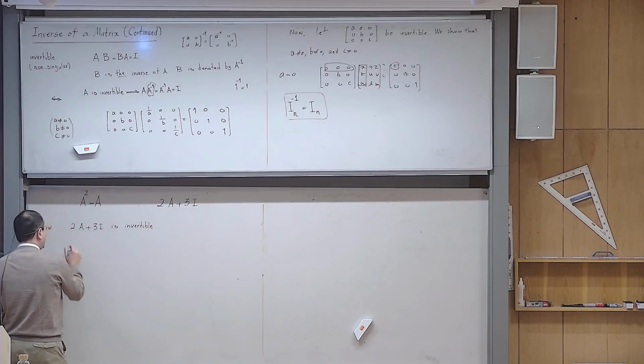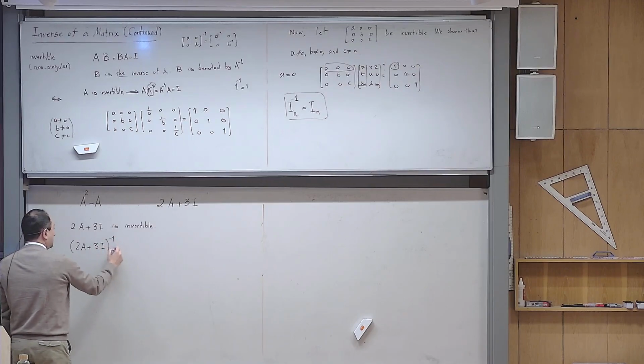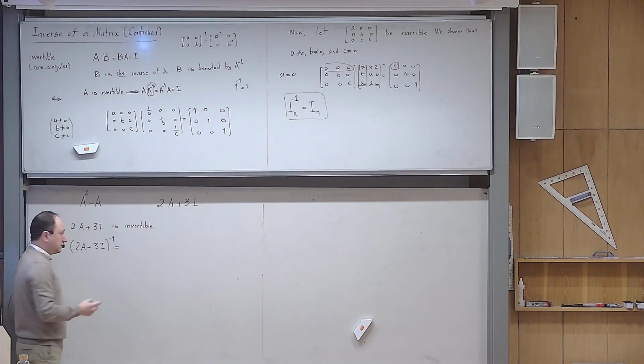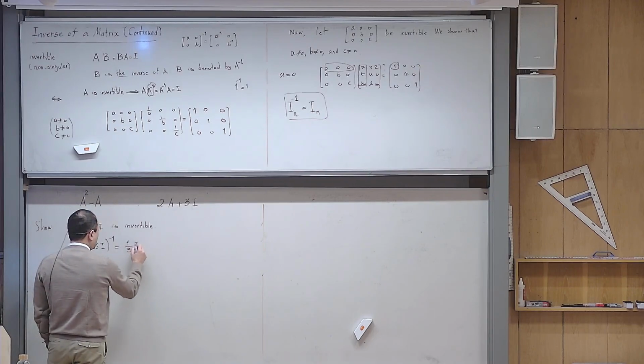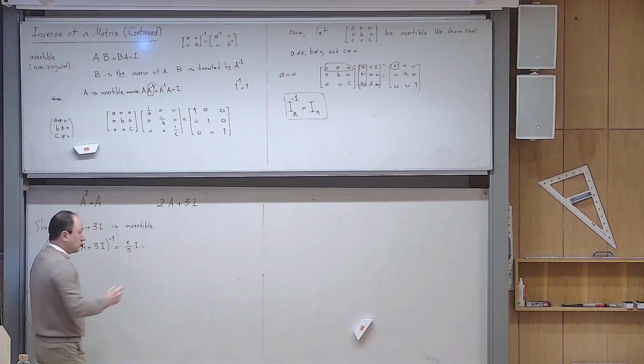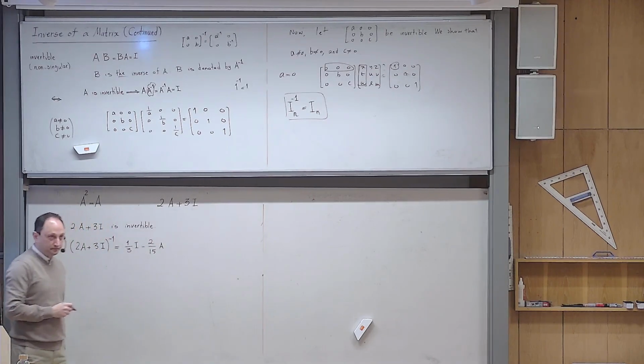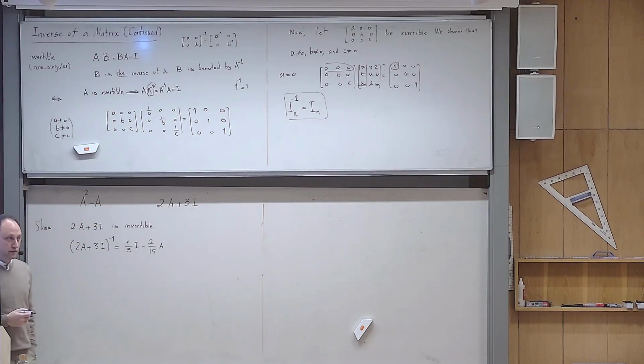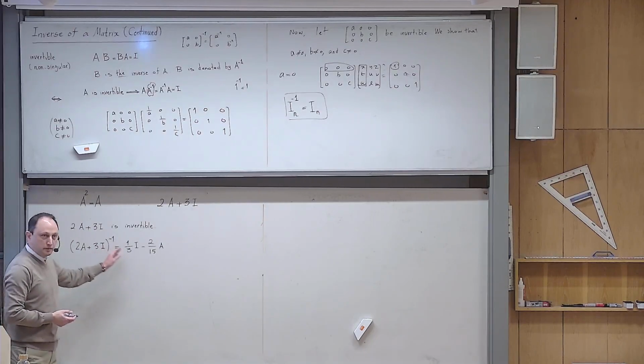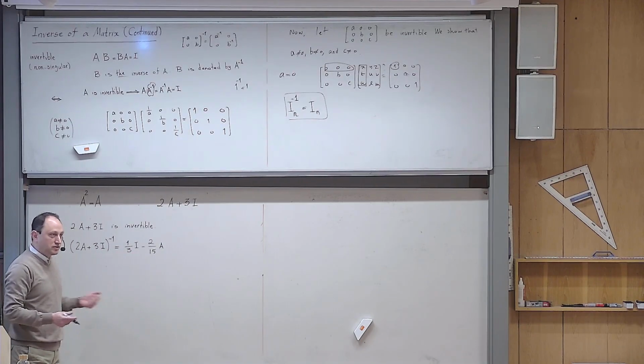Moreover, we want to show that the inverse of 2A plus 3I is equal to the matrix given here: 1/3 of I minus 2 over 15 A. Okay, how should I prove this? Yes, if you multiply 2A plus 3I with its own inverse, or the proposed one. Exactly, because the inverse is being proposed here. So that is not a hard task.